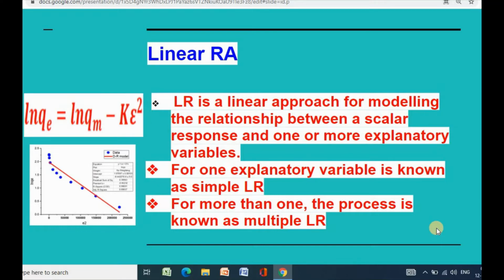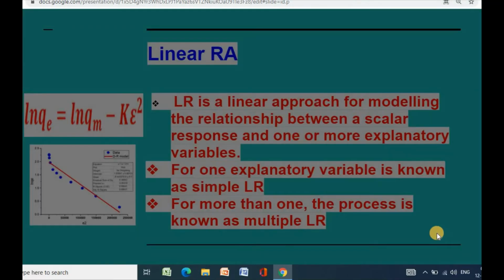For one explanatory variable, it is known as simple linear regression. On the other hand, for more than one, it is known as multiple linear regression. A typical example for linear regression analysis is the Dubinin-Radushkevich isotherm equation, and here is the linear fitting.